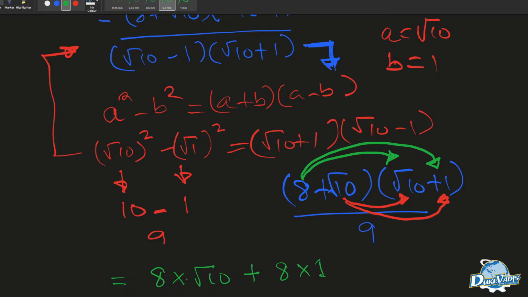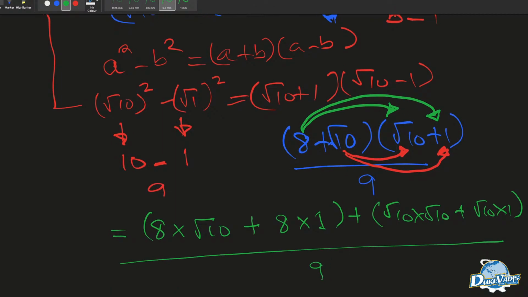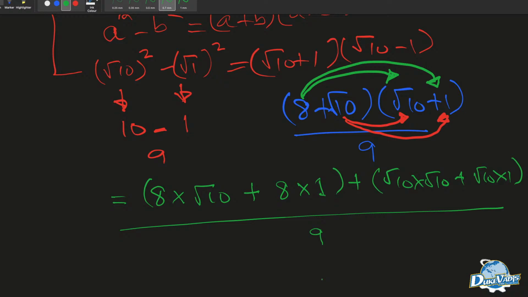So we finish. We can put a bracket around it. Okay, we say plus. Now the next one is root 10 multiplying root 10, plus root 10 multiplying 1. Then we are done, all divided by our 9. Okay, so we do further simplification.